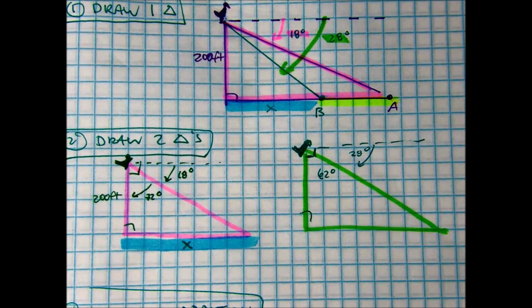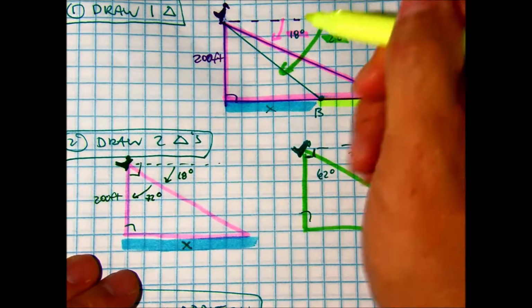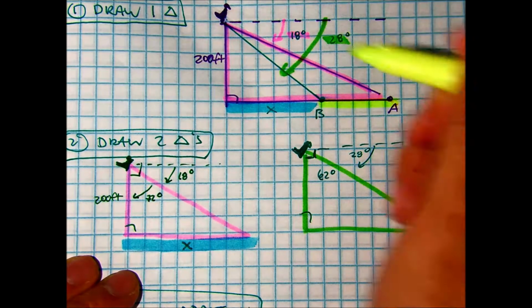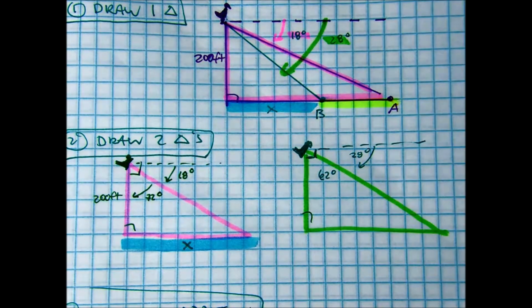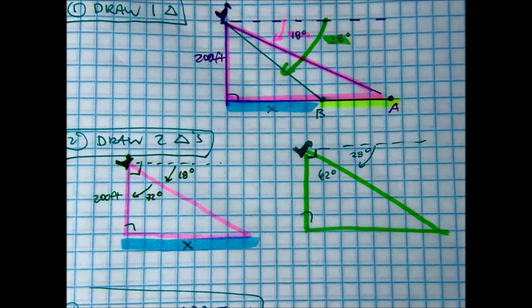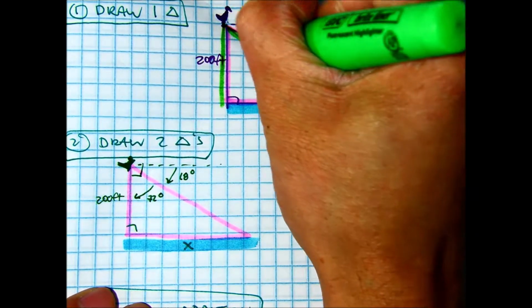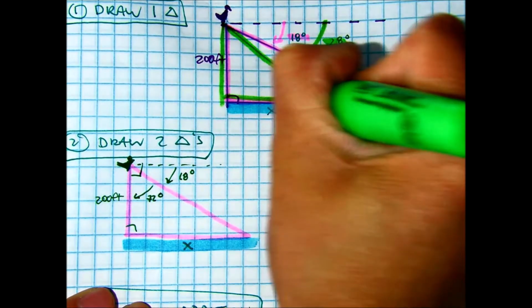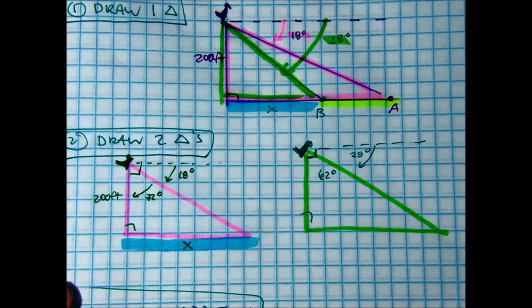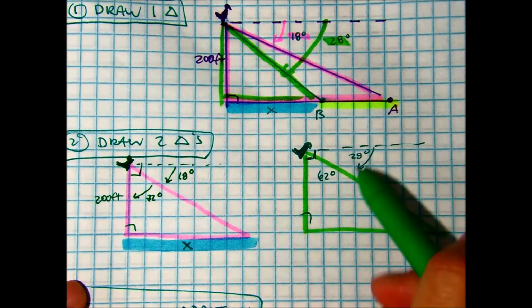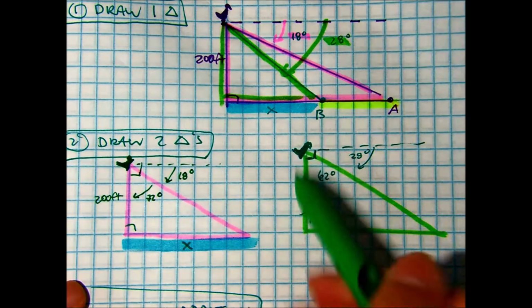Okay, on our picture, what we're trying to find here is the green triangle. So let me see if you can see it here. The green triangle is here. So I have 28. I have 200 feet.